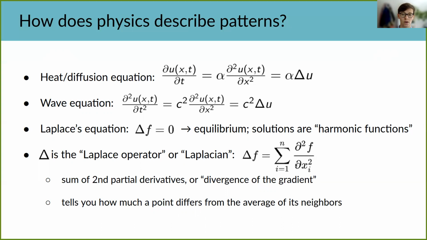This is just a different way of writing the expressions that we see here. And because space and time are on opposite sides of this equation, we can separate them and solve them independently of each other. This is why now we can only look at space and find the spatial patterns that occur at this equilibrium point, let's say.